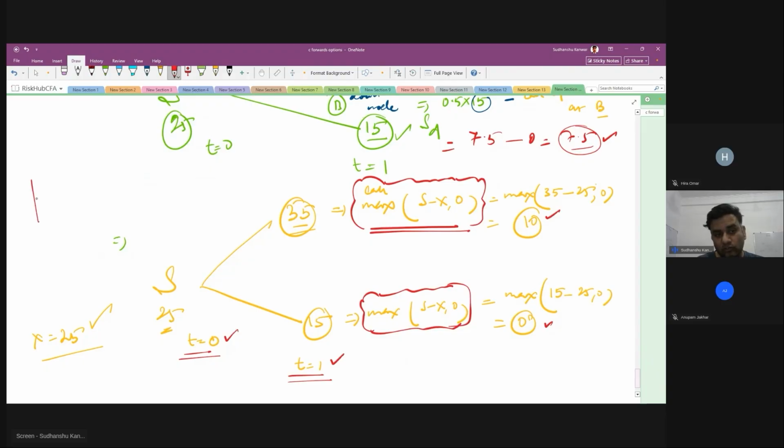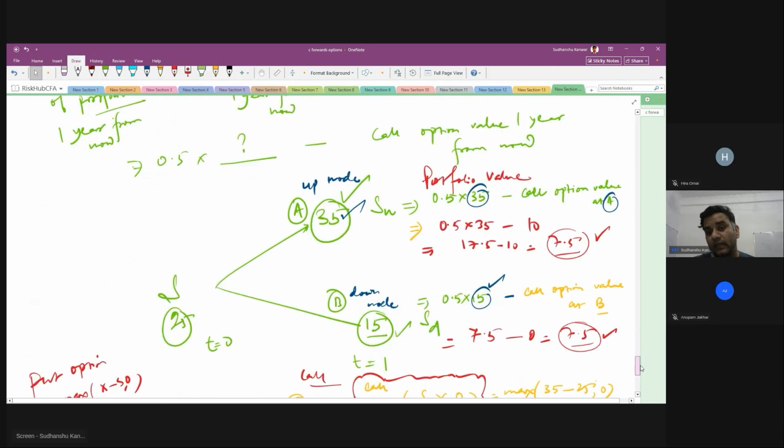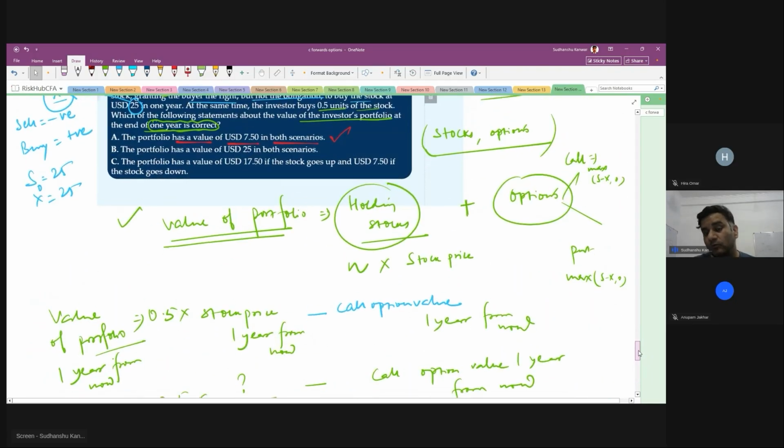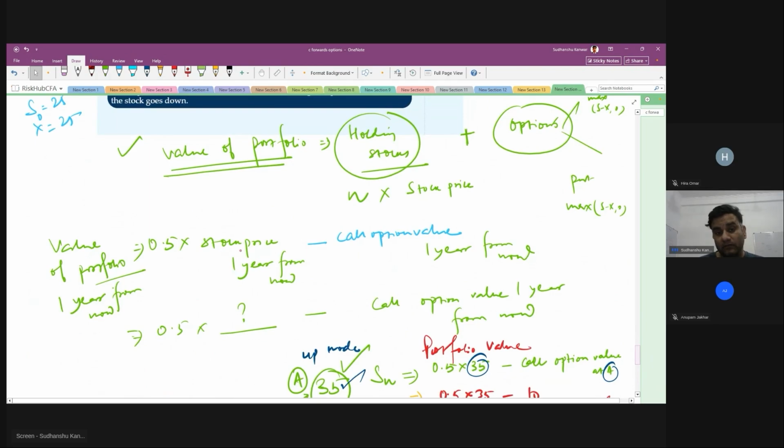This was a call option, guys. Had this been a put option, the formula would have been max of X minus S comma 0. There is a logic to it. The value of the portfolio we are trying to calculate is one year from now, so the stock price is also one year from now, and the option value is also one year from now.